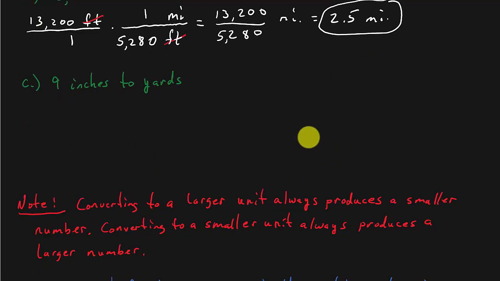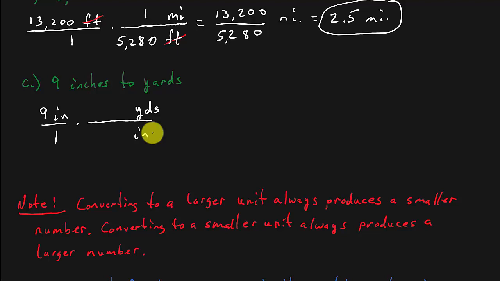9 inches to yards. Okay, so we want to go from inches to yards. So let's look and see what we have. We've got 9 inches, and let's put that over 1 to make it look like a fraction. Now, I'm going to yards, right? So I'm going to put yards in the numerator and inches in the denominator.